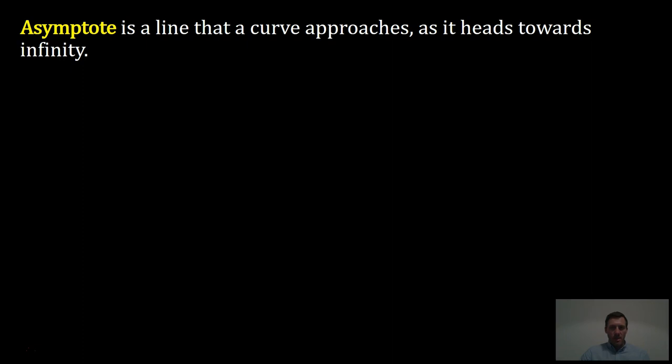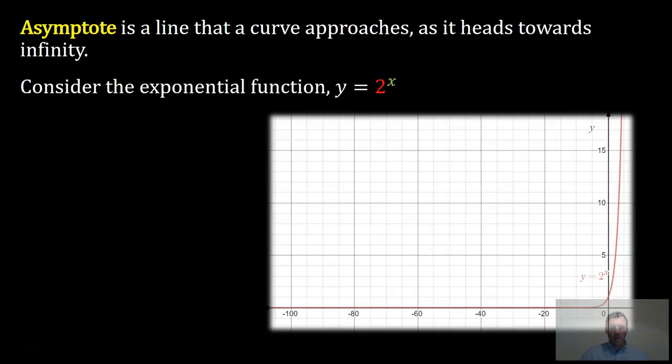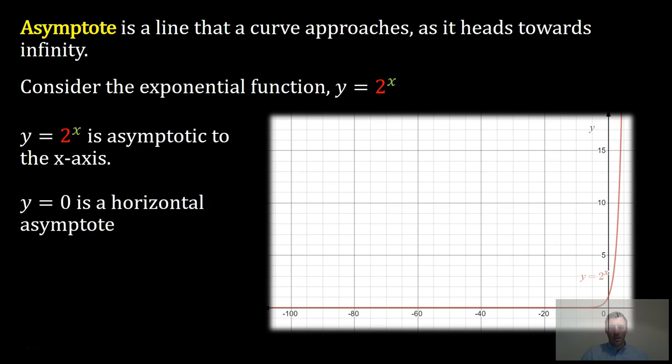Let's consider the exponential function y equals 2 to the power of x. As x becomes large and negative, the graph of y equals 2 to the power of x approaches the x-axis from above. However, it never touches the x-axis, since 2 to the power of x becomes very small, but never 0. We say that y equals 2 to the power of x is asymptotic to the x-axis, or y equals 0 is a horizontal asymptote.